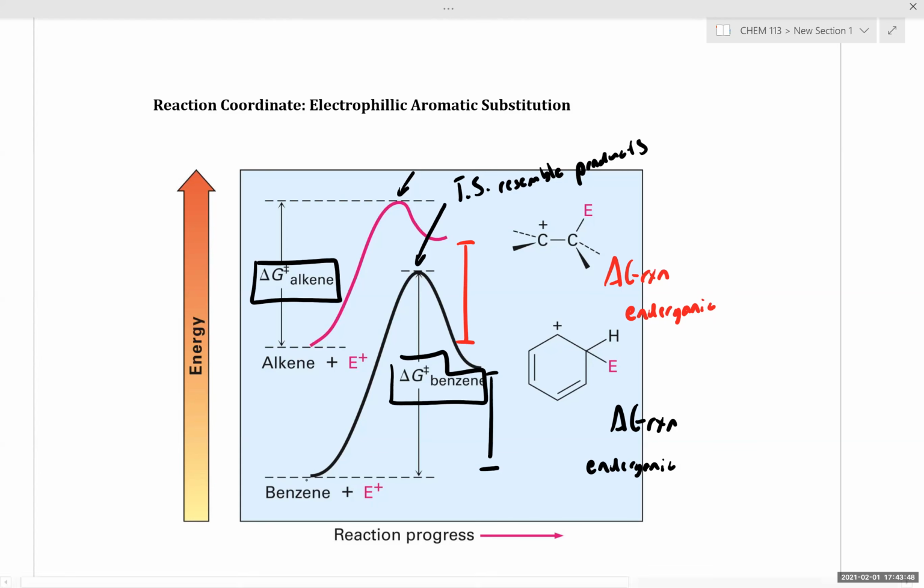So for the electrophilic aromatic substitution, this curve in black describes the reaction coordinate energy diagram. This first step is showing what would happen if you have a reaction of a benzene ring. And as the chat's pointing out, this activation energy is larger for electrophilic aromatic substitution in general.